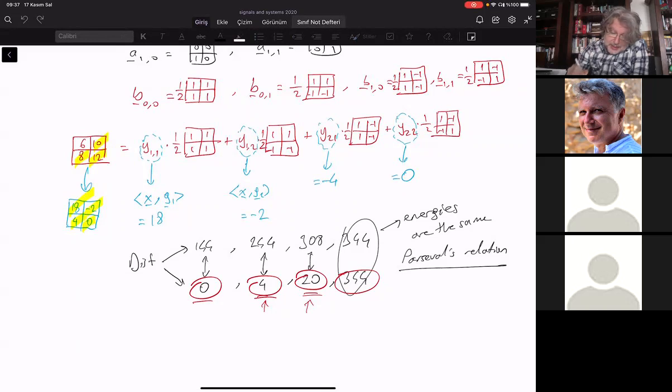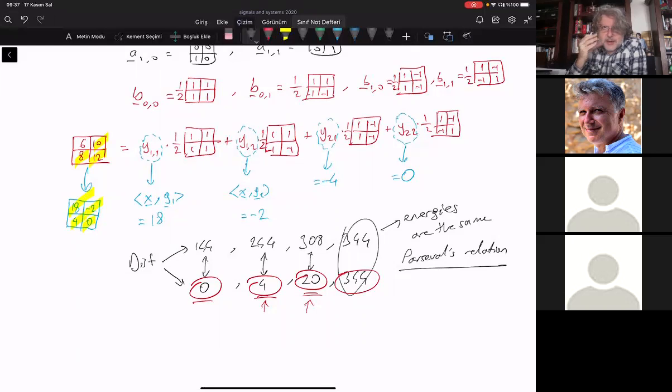Now, the important thing for this case is the distribution of Y11, Y12, Y21, and Y22. And as you see, a majority of the energy or the high magnitude values are condensed around usually smaller frequency components.